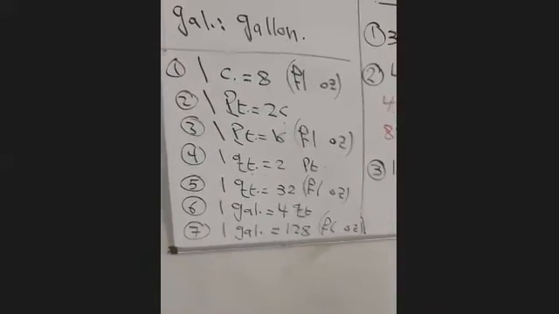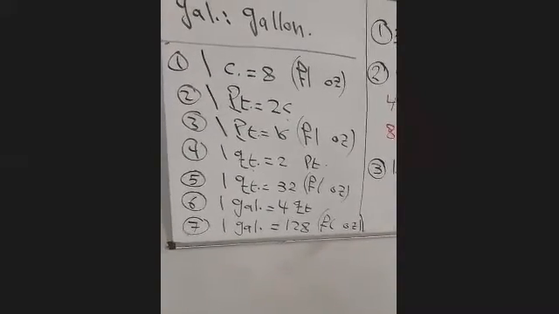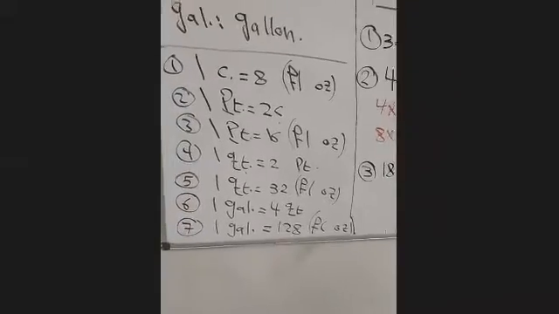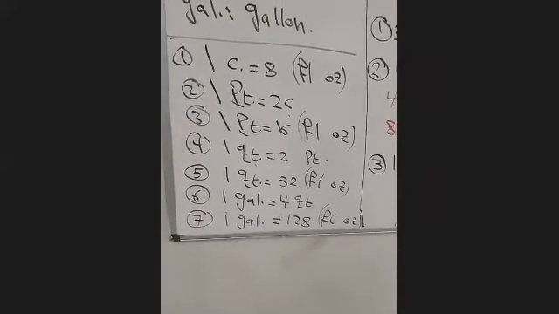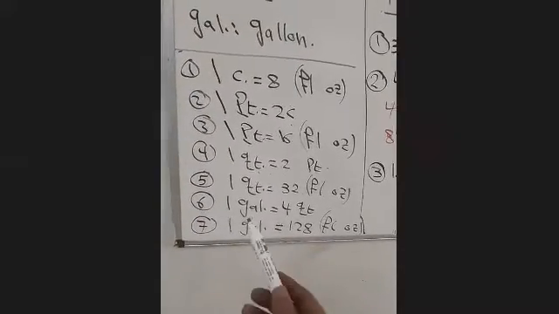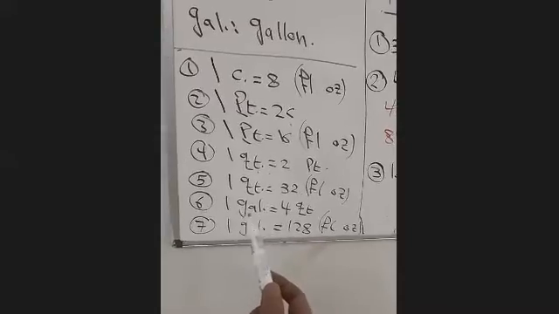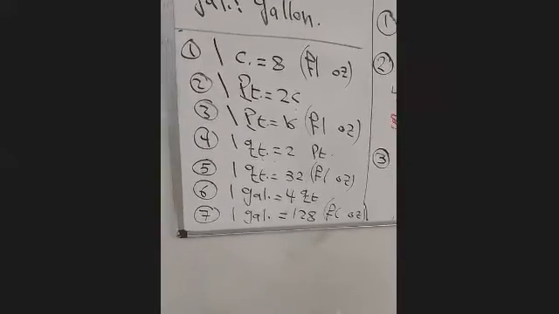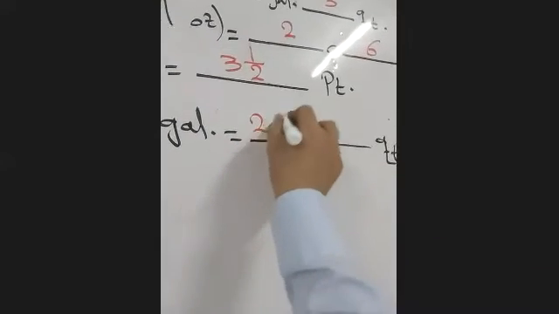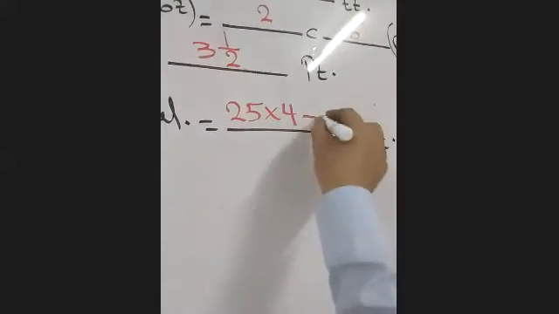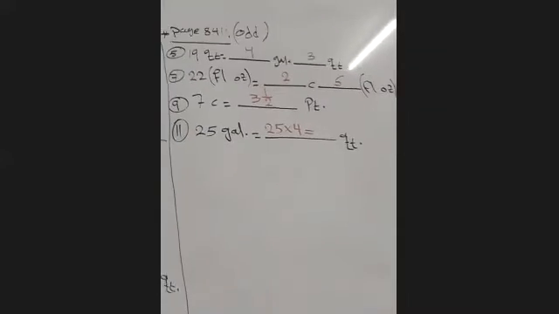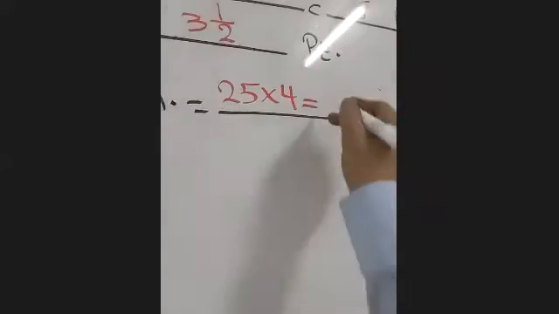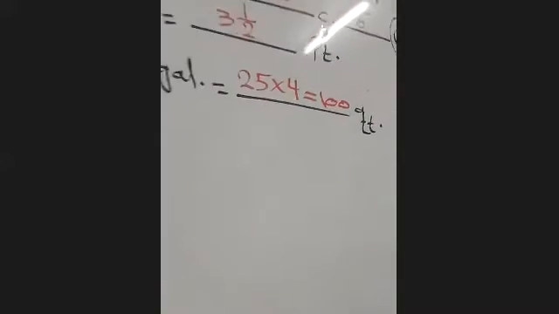Do we have a formula from gallon to quart? Yes. 1 gallon equals 4 quarts. From gallon to quart, what do we do? Multiply by 4. So we have 25 multiplied by 4. Equals 100 quarts. Excellent.